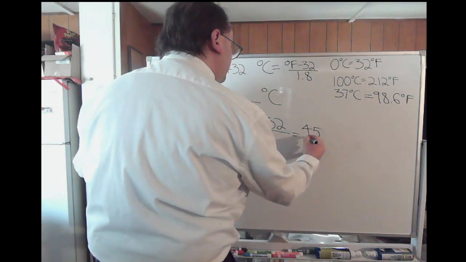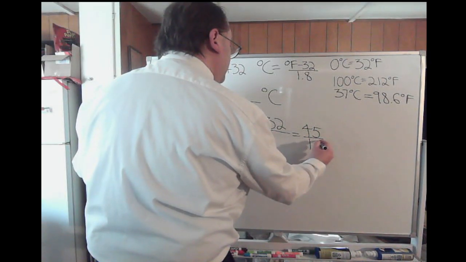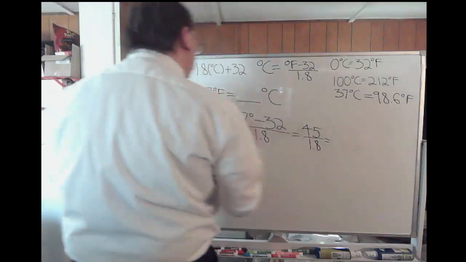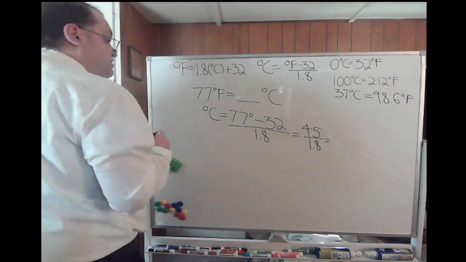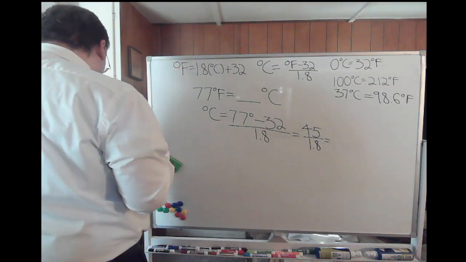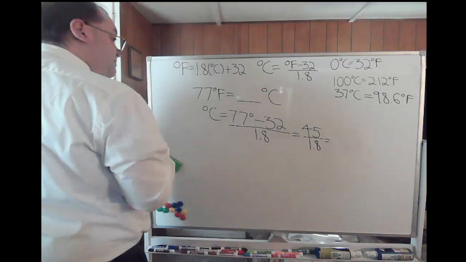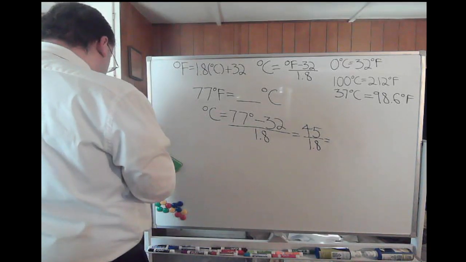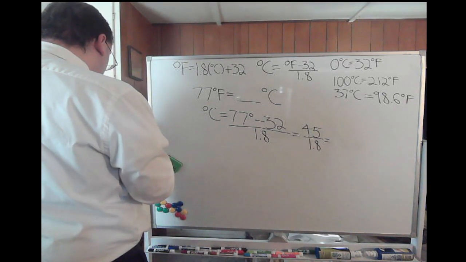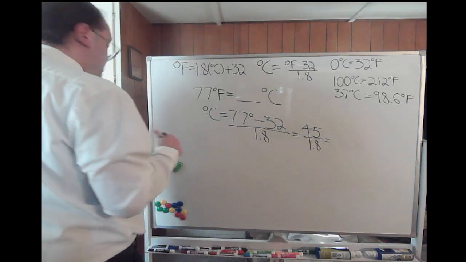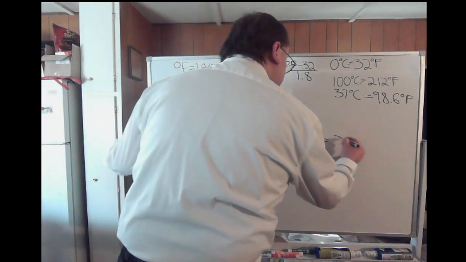You'll end up having 45 divided by 1.8, which I have an idea what that's going to be, but let's do the math and actually let it play out. 45 divided by 1.8, yep, 25 degrees Celsius.